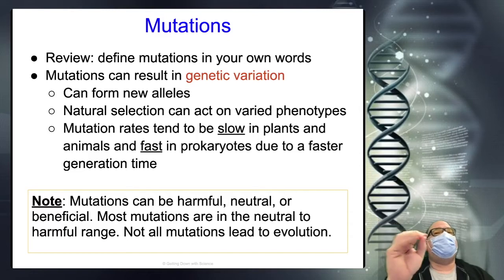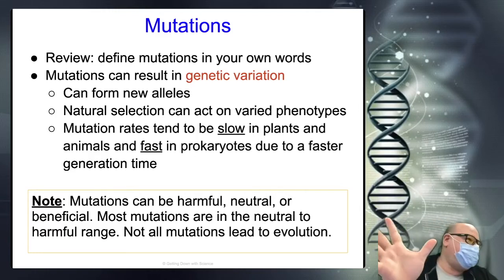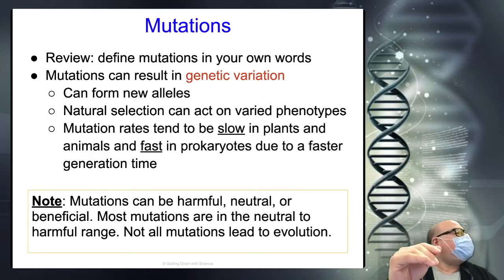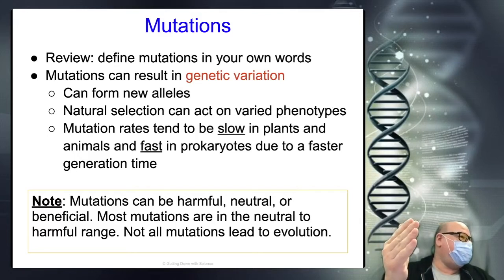Mutations tend to be very slow in plants and animals because we have such a long generation time. Think about how long it will be for even a fast reproducing mammal to change its gene pool compared to a bacteria.